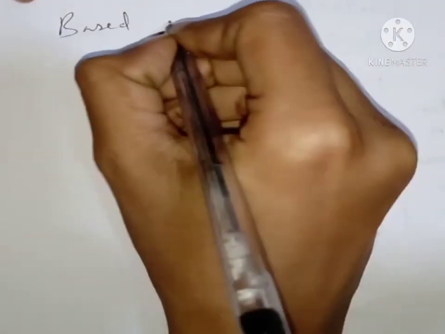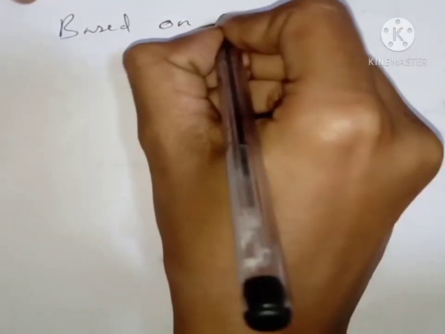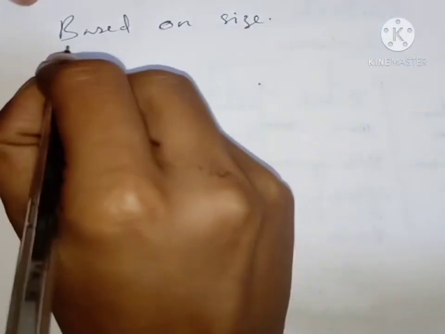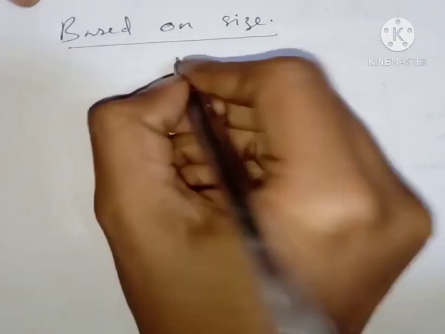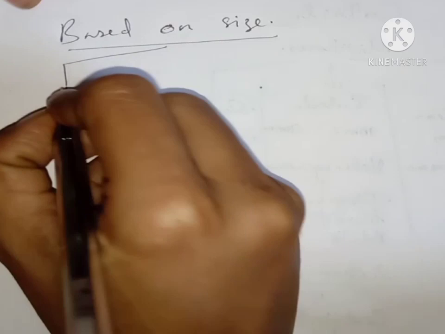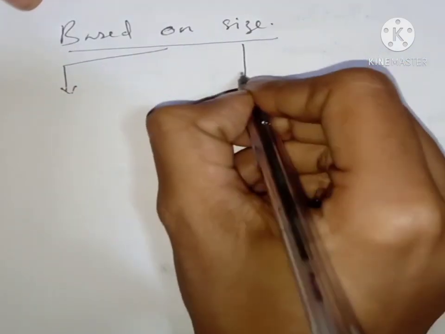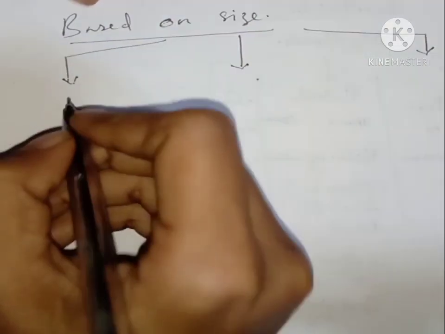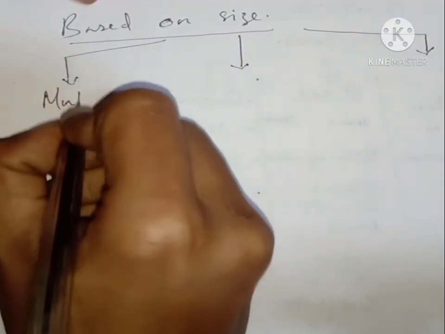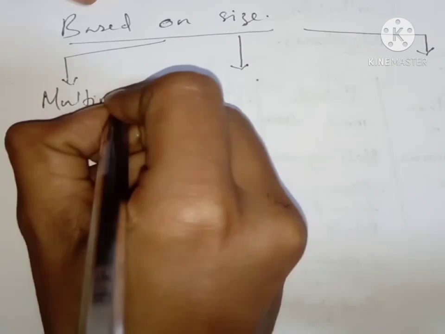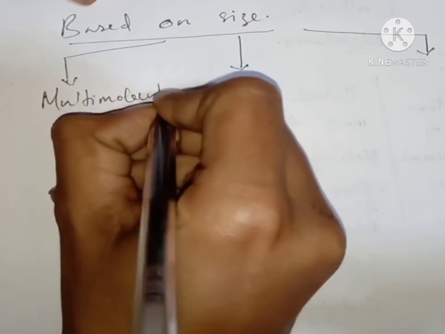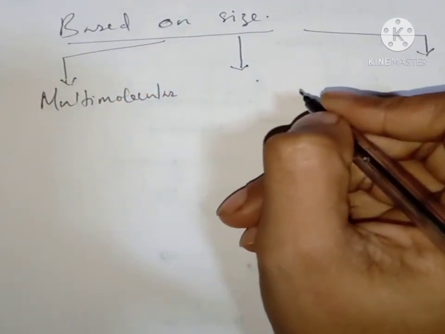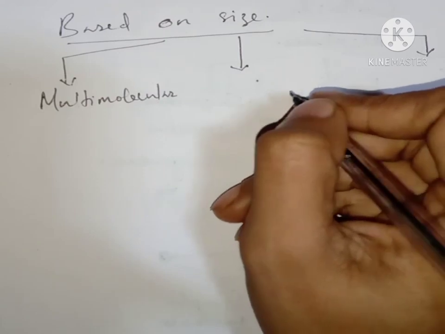Then the last one is based on the particle size. Based on size, colloids are classified into 3. First, multimolecular. Second, macromolecular.